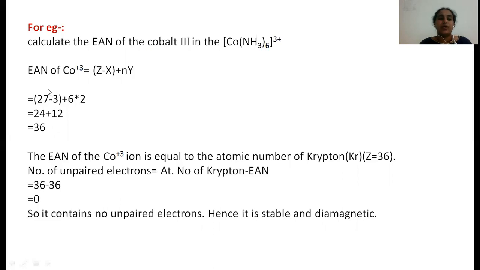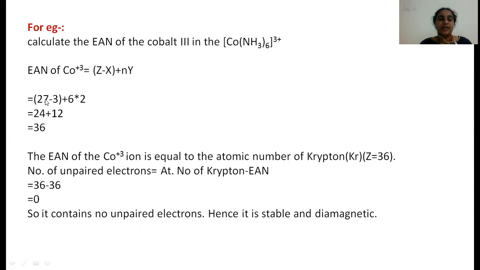According to the EAN formula: atomic number minus oxidation number, that is 3, plus N, the number of ligands, that is 6, into Y, the number of electrons donated by each ligand. Ammonia is a monodentate ligand and donates only 2 electrons, so we write 6 into 2.